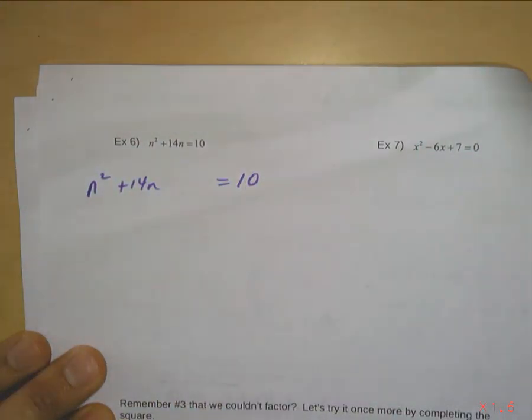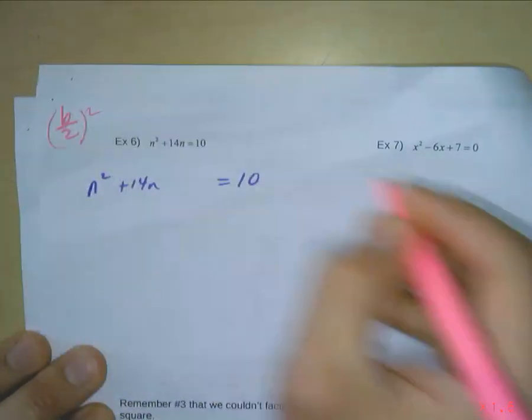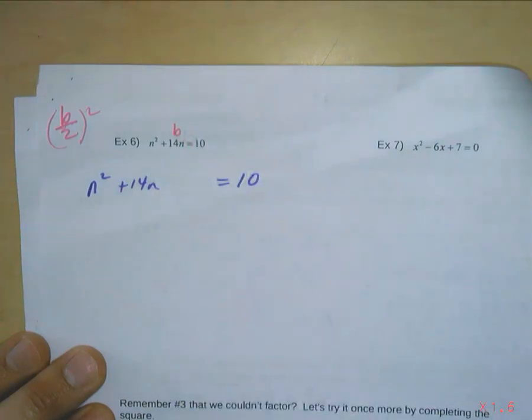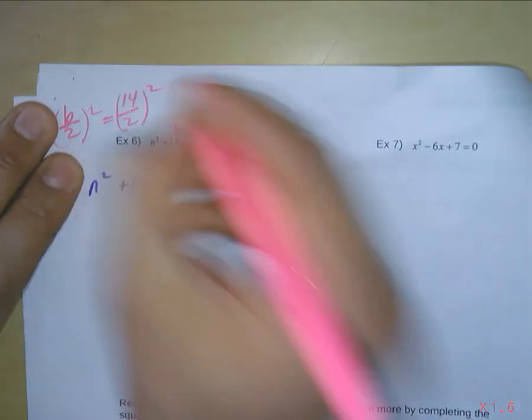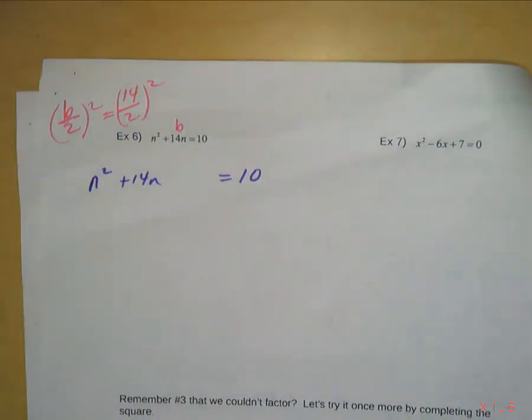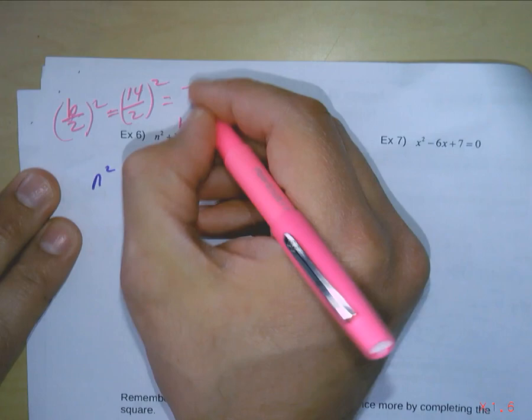I'm going to take the b value, divide by 2 and square it. The b, guys, is the number, in this case, in front of n. So I'm going to take 14, divide by 2 and square it. What's 14 divided by 2? 7 squared.